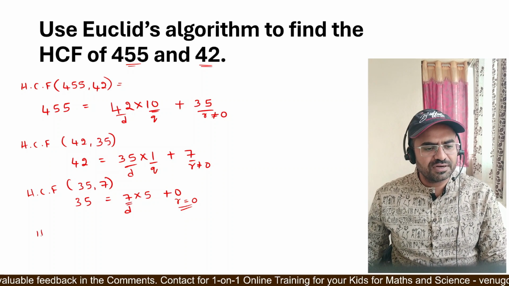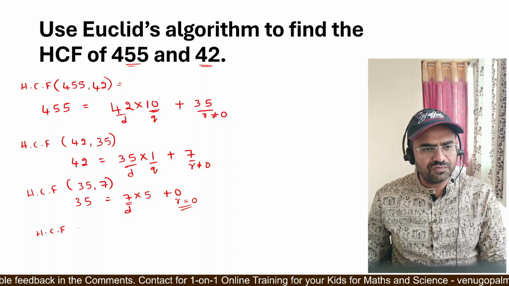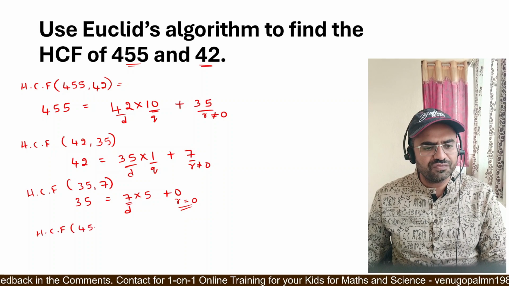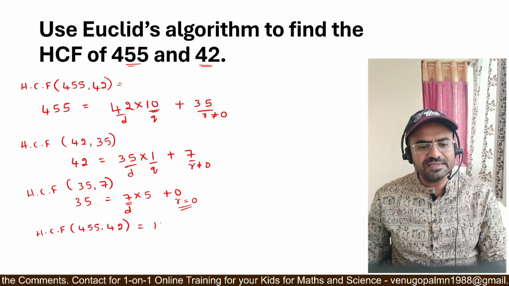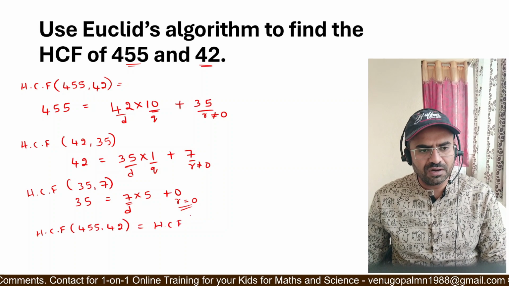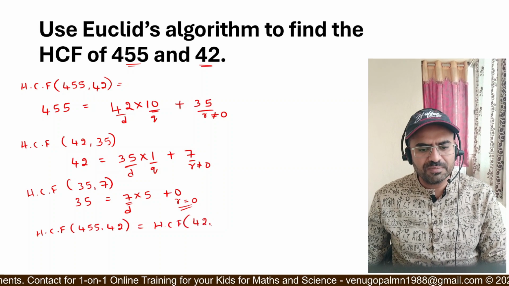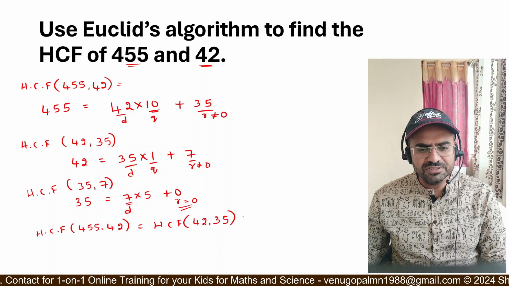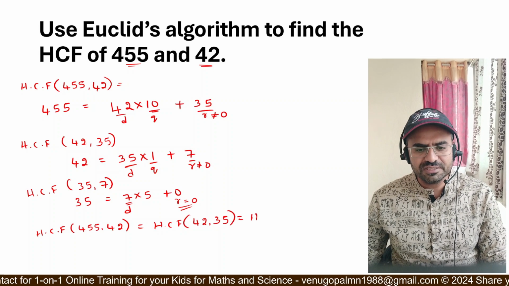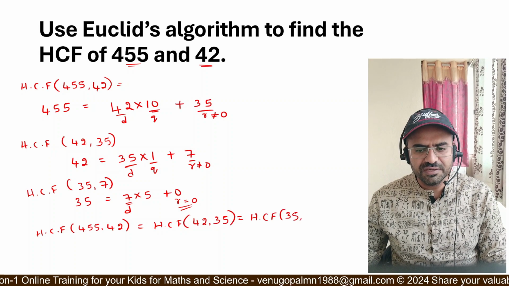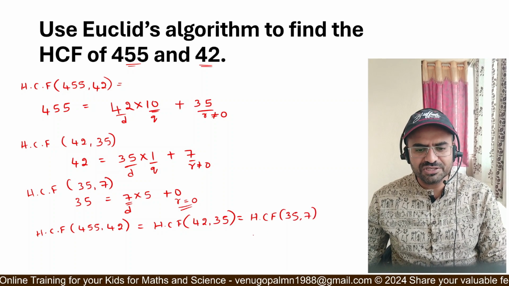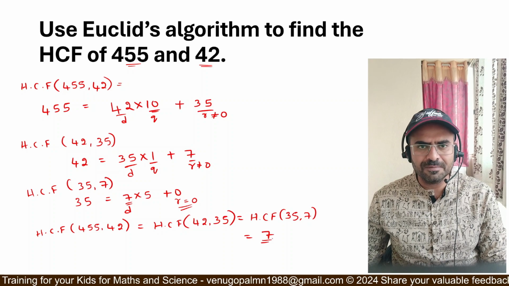So now what can you write? HCF of 455 comma 42 is equal to HCF of 42 comma 35, which is equal to HCF of 35 comma 7, which is equal to 7.